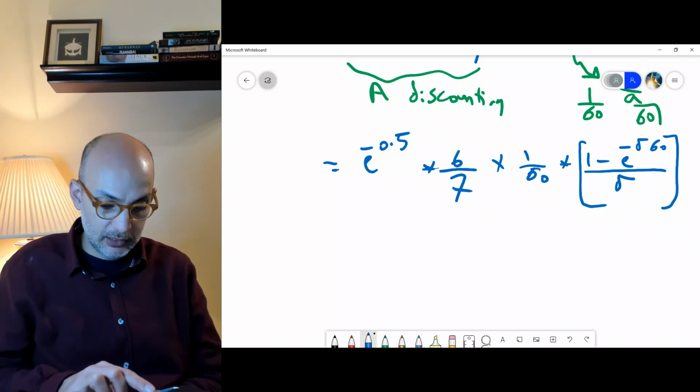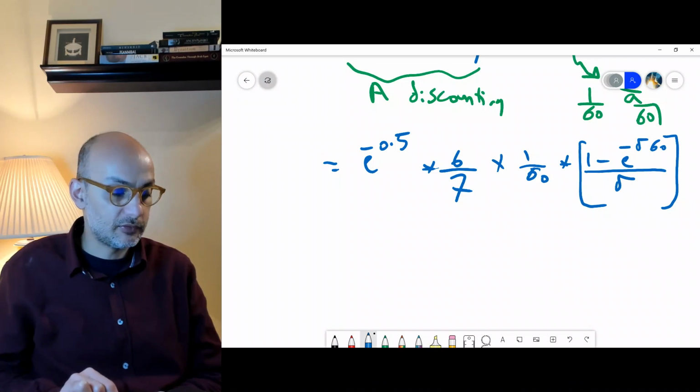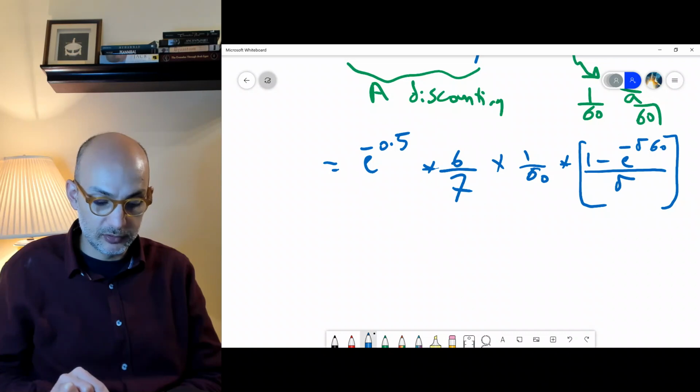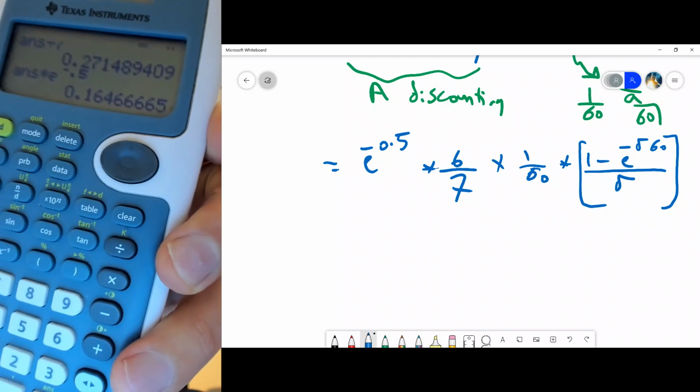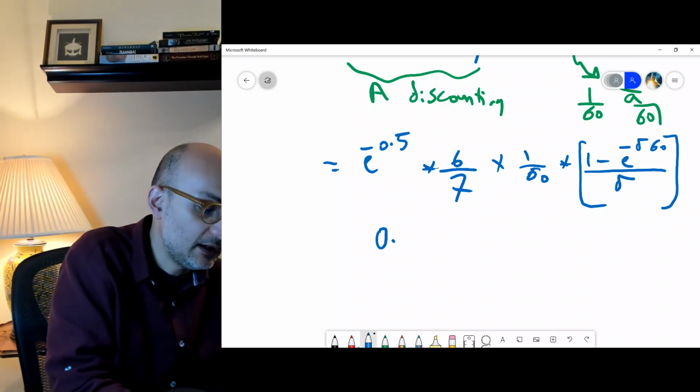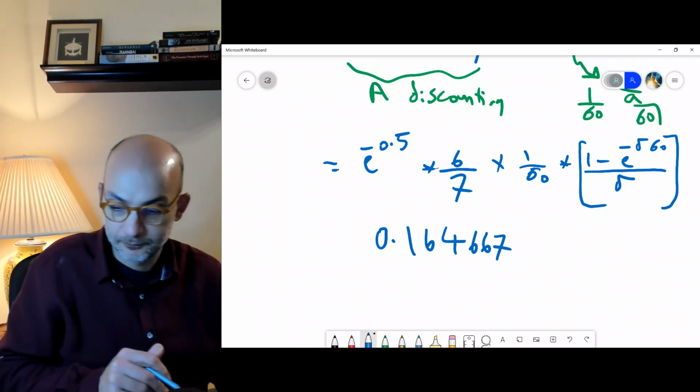Now multiply by e to the minus 0.5, because the 0.5 comes from 10 multiplied by delta. So my calculation is 164,667.